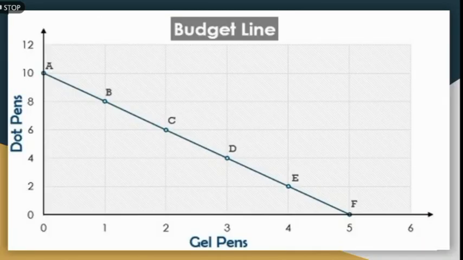Here you can see a graphical representation of the budget line. The dot pens are represented on the y-axis and the gel pens on the x-axis. The different combinations A, B, C, D, E, F as per the income are represented here. We can see that all the combinations are on the line of budget. It is not below, it is not above that. It is within his budget.